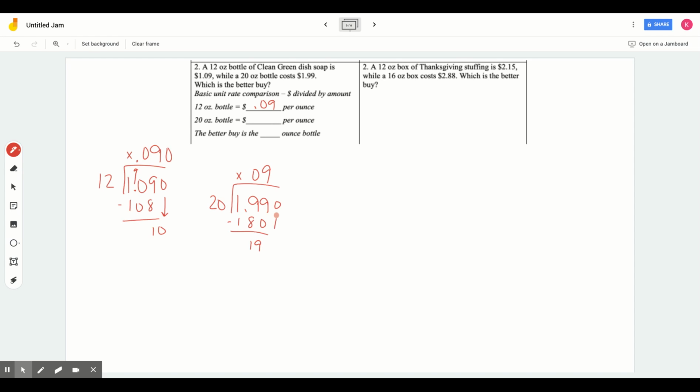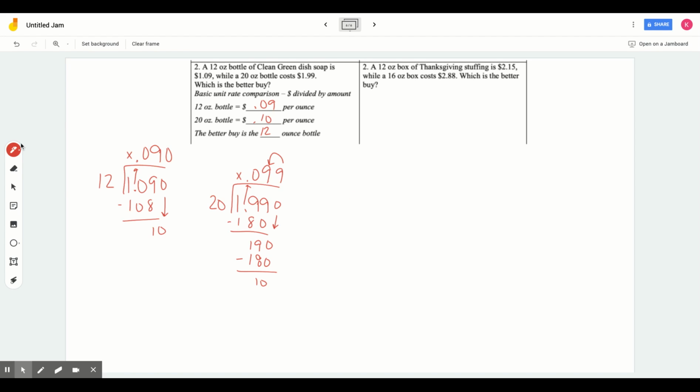We'll bring down a 0. 20 can go into 190 9 times, and we would end up with 180. Now bringing that decimal point straight up and rounding to the nearest penny, the 9 tells the 9 to get bigger, which would turn into a 10, so 9 cents would round to 10 cents. This would make the better buy the 12-ounce bottle because 9 cents is cheaper than 10 cents.